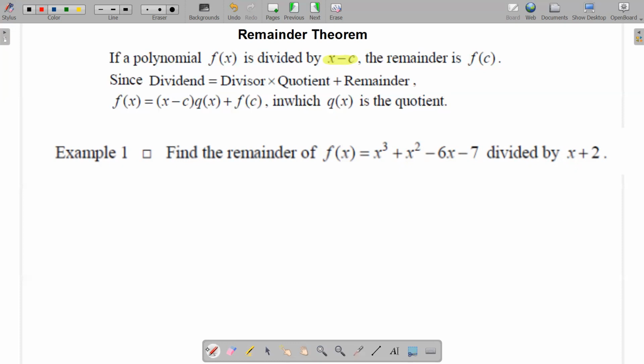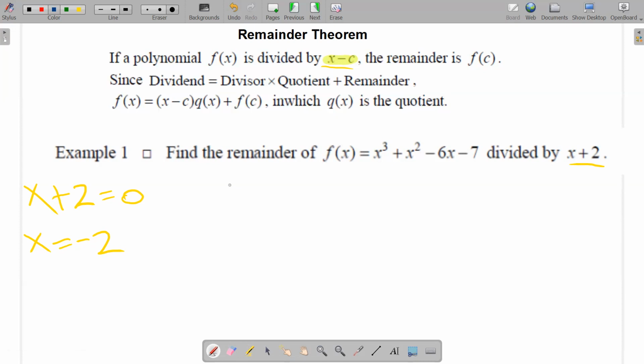But since the binomial we are about to divide by is exactly like the one in the theorem, instead of doing the long division, we can take that binomial and set it equal to 0. By doing that, we find a value for x that is equal to -2.